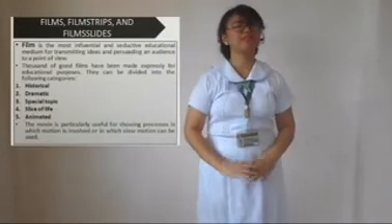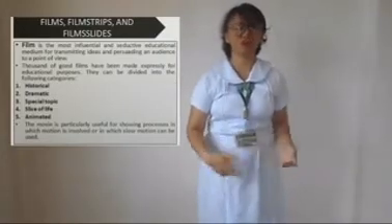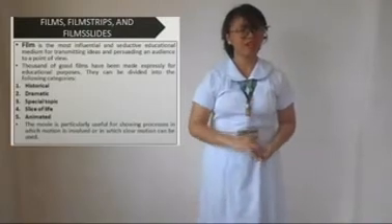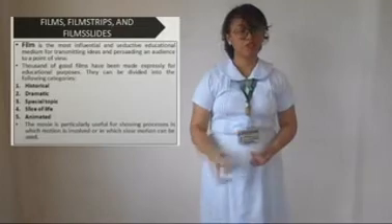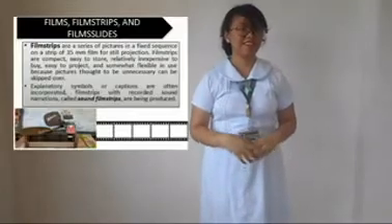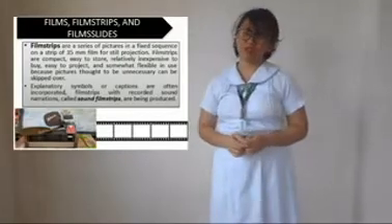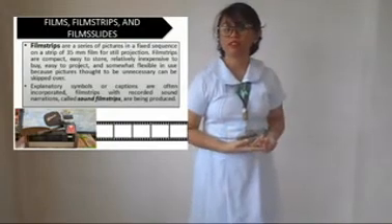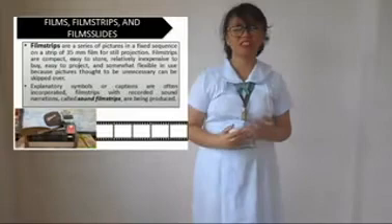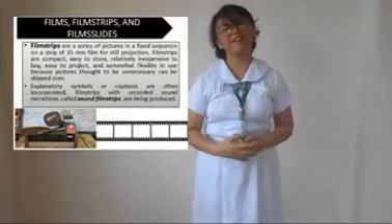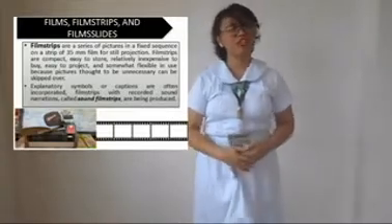The movie is particularly useful for showing processes in which motion is involved or in which slow motion can be used. Moving on, film strips are a series of pictures in a fixed sequence on a strip of 35mm film for still projection.